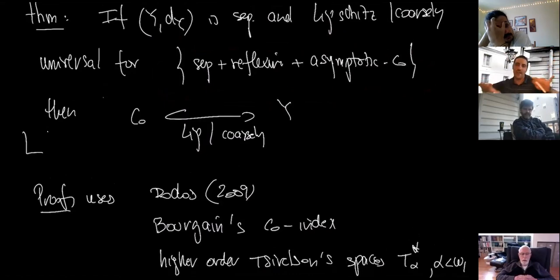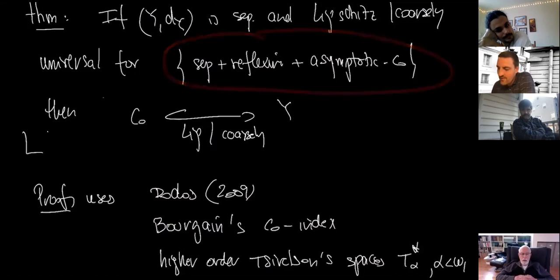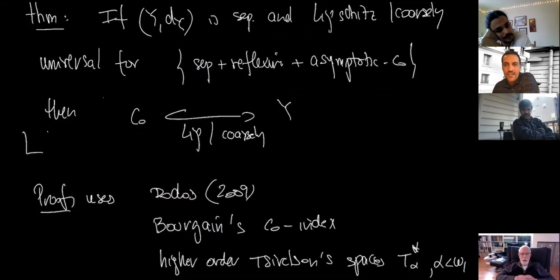Personally, I would like to have something purely metric. What is really the metric content of this class that allows you to recover the space C0 inside the metric space Y?